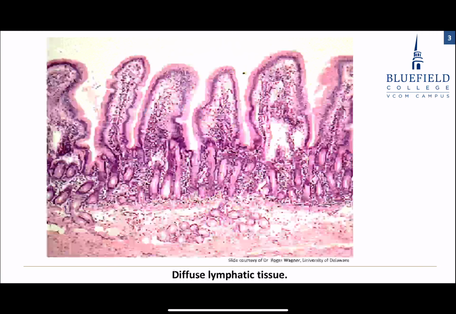When we talk about diffuse lymphatic tissue, that's what we're talking about. There are just more lymphocytes and more macrophages in there, so it looks like more nuclei than there should be. Okay? Certainly you can look up there and say there's an awful lot of nuclei, but you don't know that's abnormal because you haven't looked at this. But right in here, there's a whole lot, or right in here, boy, they're really concentrated, aren't they? There are just too many of them. That's what we call diffuse lymphatic tissue.